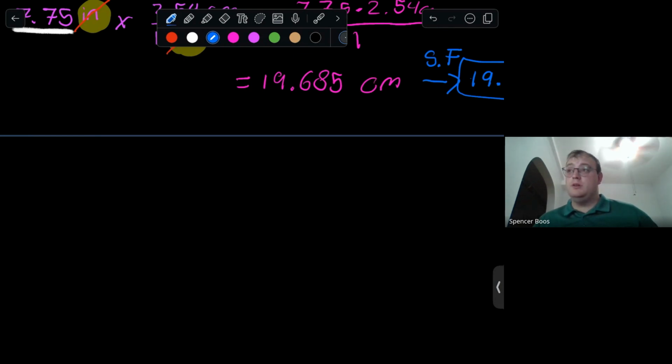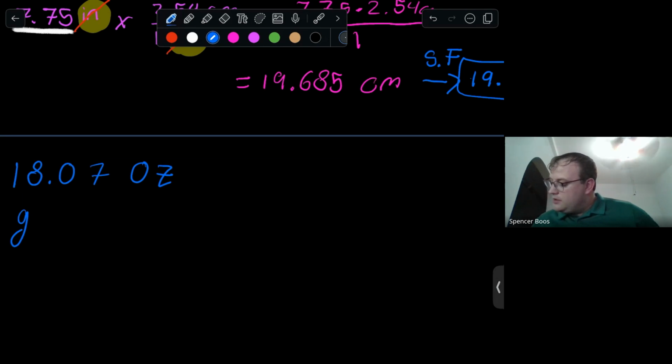Let's say I've got 18.07 ounces of coffee, and I want to figure out how many grams of coffee I have.